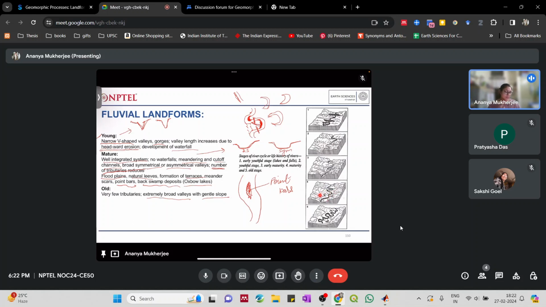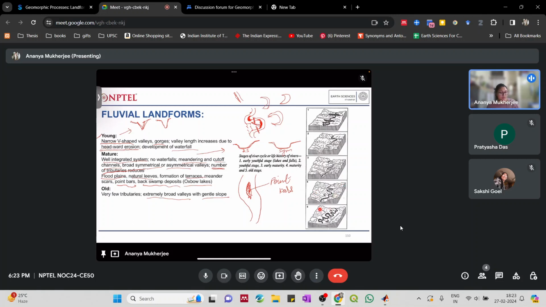After it is cut off from the main channel, the channel itself starts flowing in a straighter manner compared to its previous reach, where you had mostly sinuous channels. And over here you can see there are still some tributaries flowing into the main channel, but the number of tributaries over here is different.